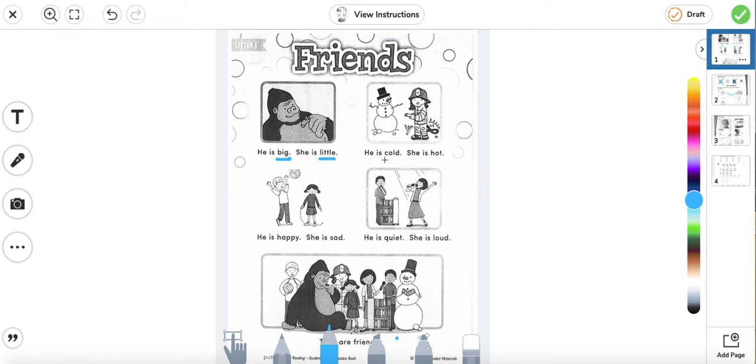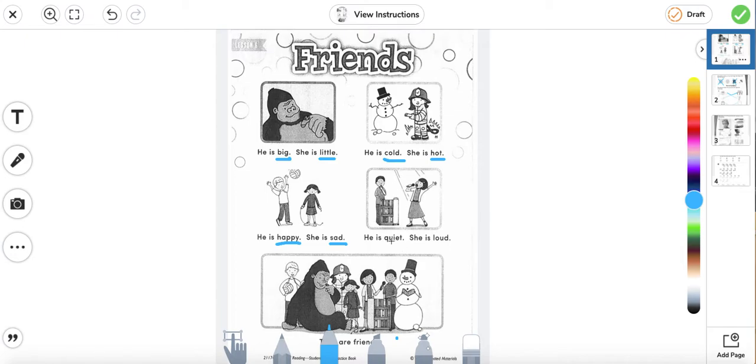So the snowman is cold. And the fireman is hot. If we look at the next picture, we see a picture of the boy and he is happy. And next to him is a picture of a girl and she is sad. Happy and sad are opposites.